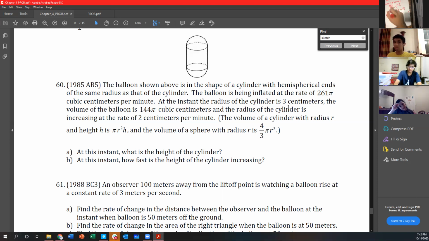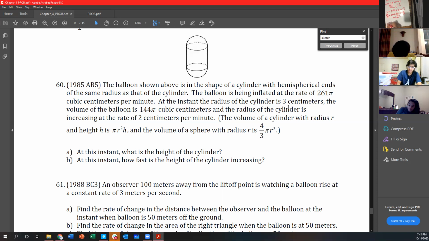I'm taking the derivative of this: 2 pi r dr/dt h plus, it's product rule, plus pi r squared dh/dt plus 4 pi r squared. There you go. That's your derivative. Now we can just plug in everything we have and solve for dh/dt.